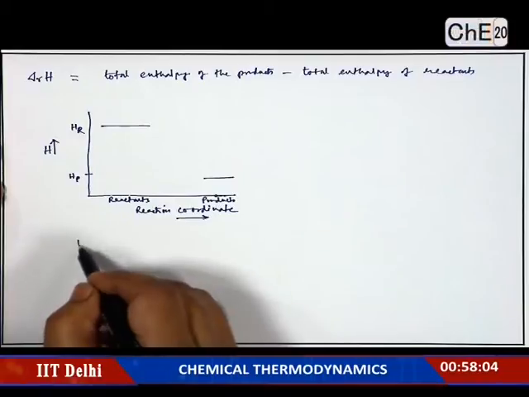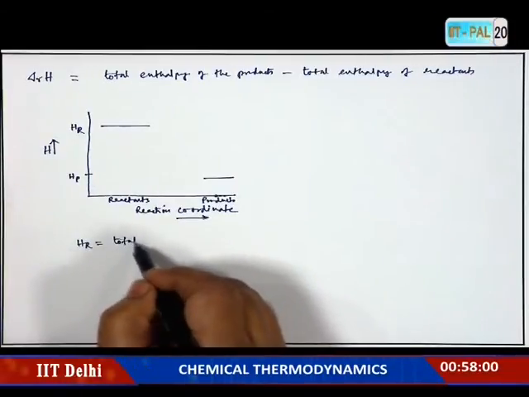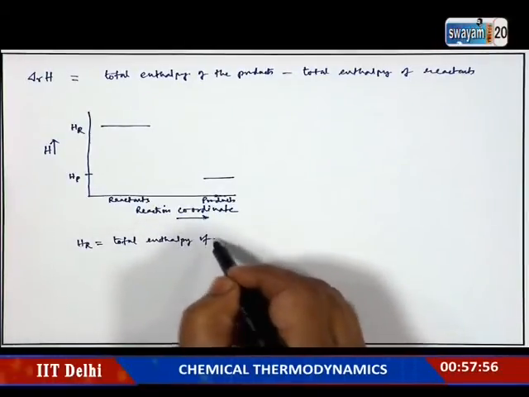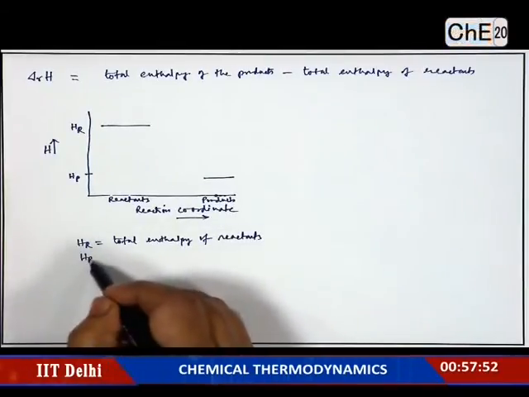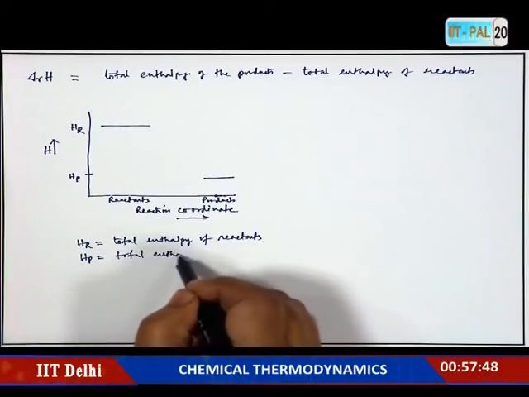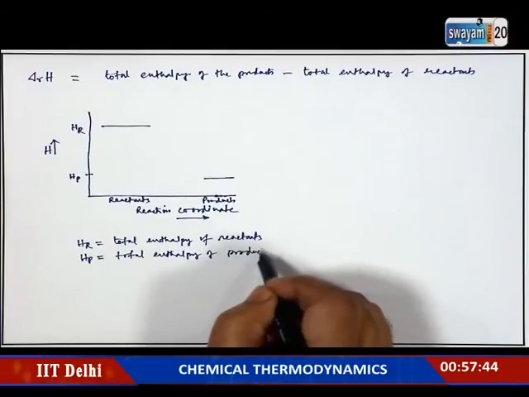So, in this case H R is the total enthalpy of reactants and H P is the total enthalpy of products.